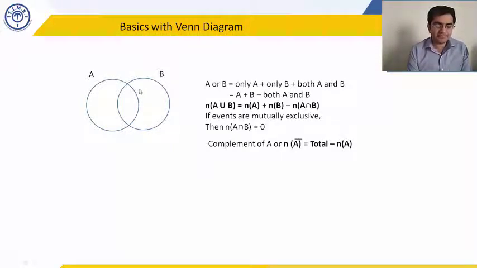In the Venn diagram, the complement of A will be everything outside A, that is total minus A. So you can write this in your copy, that the complement of A is everything outside A.